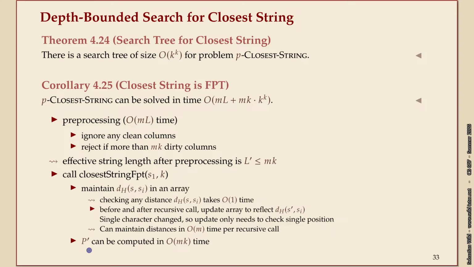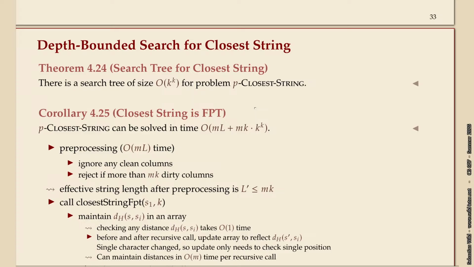Now, thinking about this again, I think you could also try to maintain the mismatch positions between the consensus string and any of the given strings, as opposed to just the Hamming distance. You could keep that in a linked list, and you could jump to the positions. You're only changing one position, so this might work to reduce the time to just m and not m times k here.